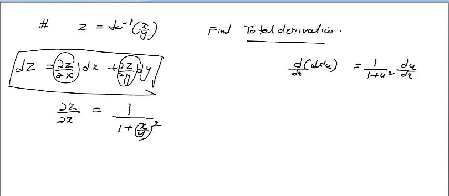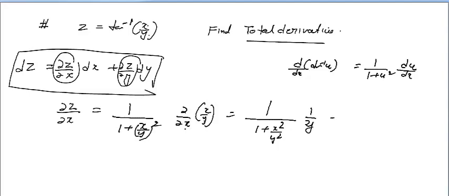So this will be 1 over 1 plus x square over y square. Now, because you are finding the derivative with respect to x, y is the constant. So 1 over y will be outside, the derivative of x is 1. So you have 1 over y only.